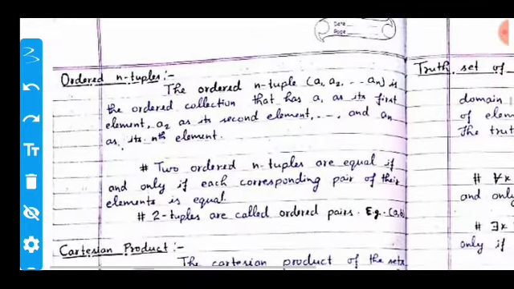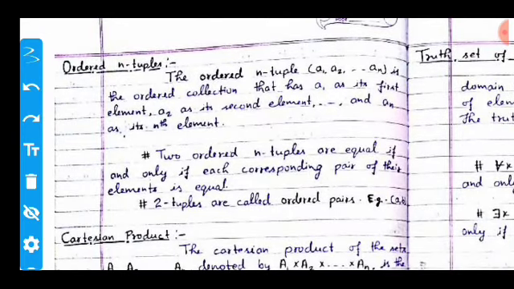Now move on. Next, important: ordered n-tuples. An ordered n-tuple is represented like (A1, A2, and so on up to An), an ordered collection of elements, where A1 is the first element, A2 is the second element, and An is the nth element.